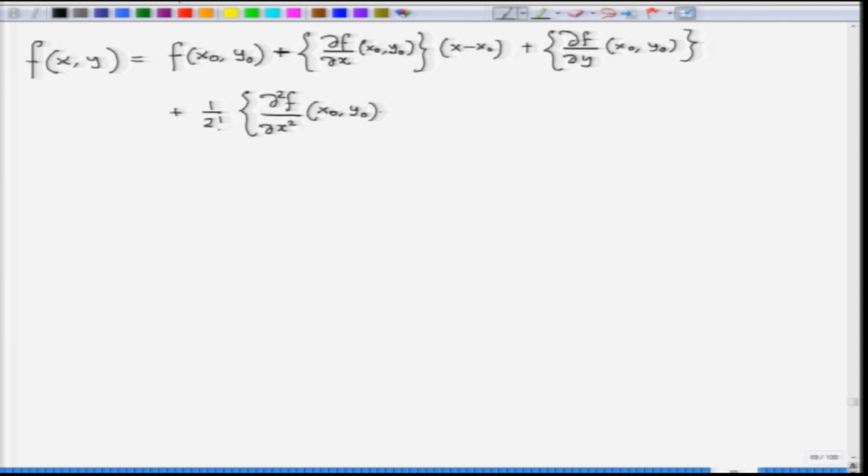Now, I am assuming that all of these partial derivatives, first partial, second partial, mixed partial, all are continuous.